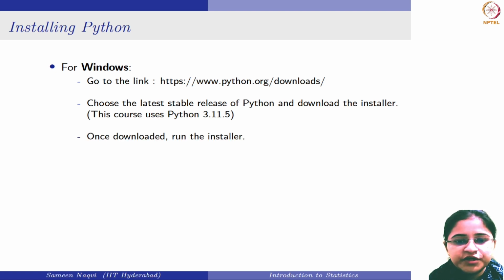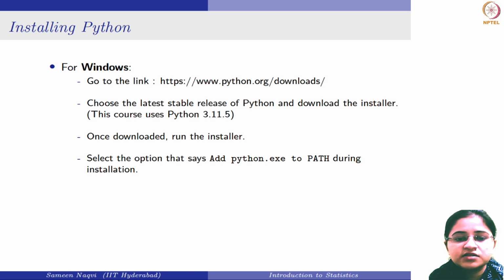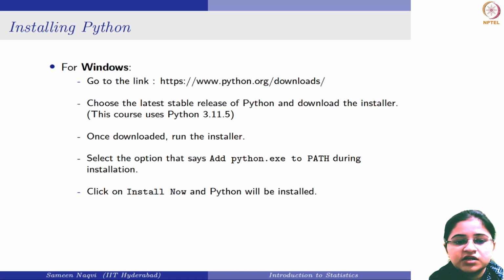Once you have downloaded it, run the installer and make sure that you select the option add python.exe to PATH during the installation process. Then you can click on install now, and Python will be immediately installed.